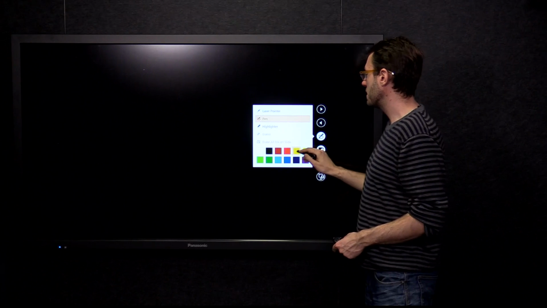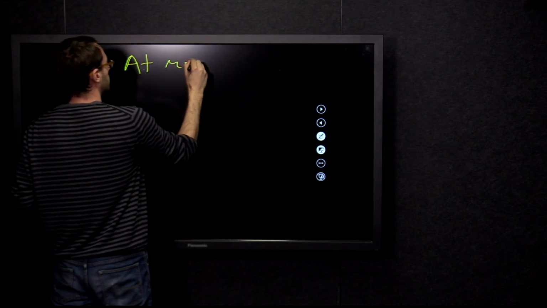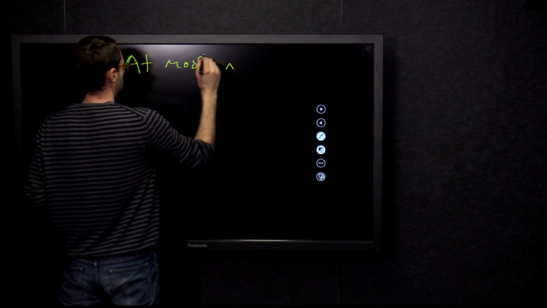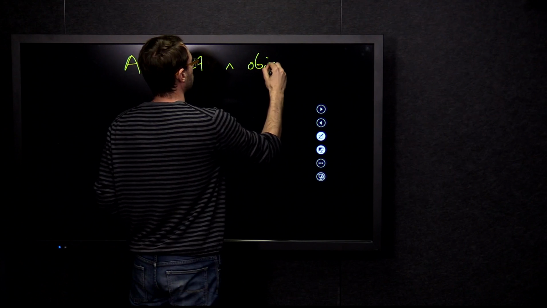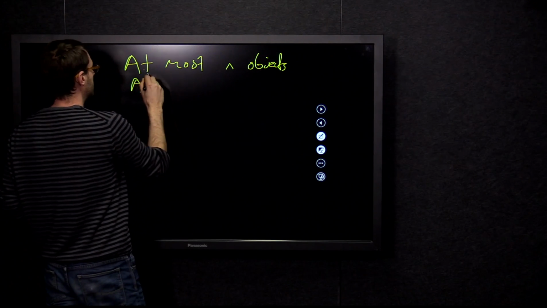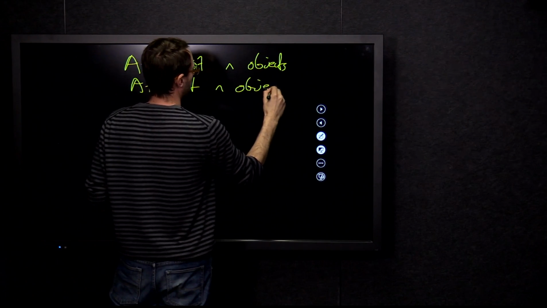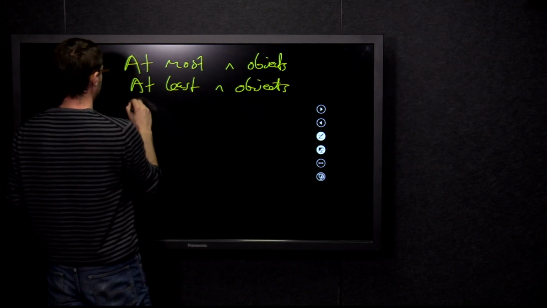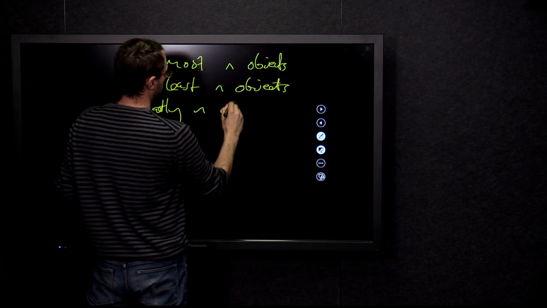All right, so what that means, if we put this all together, we can say at most n objects. We can say at least n objects. And we can say exactly n objects.